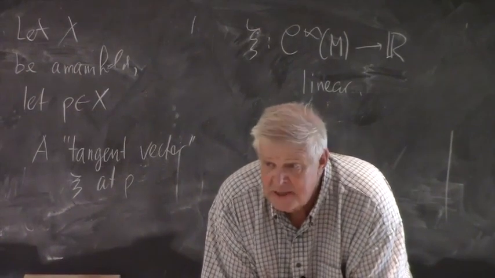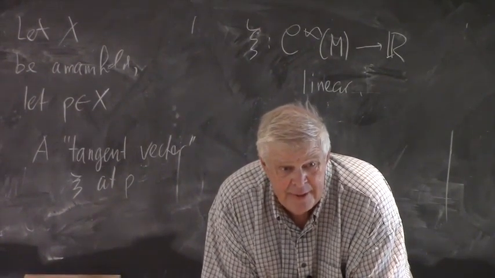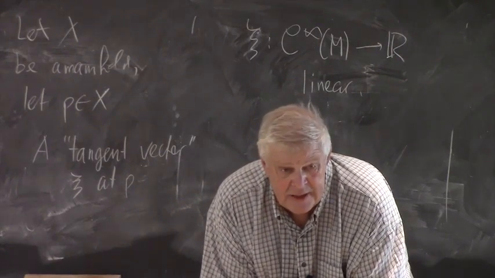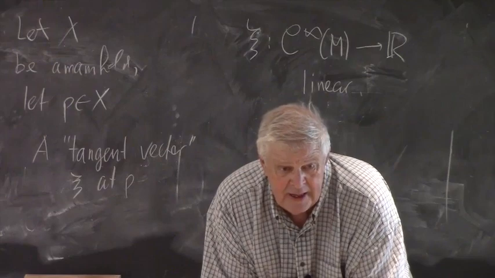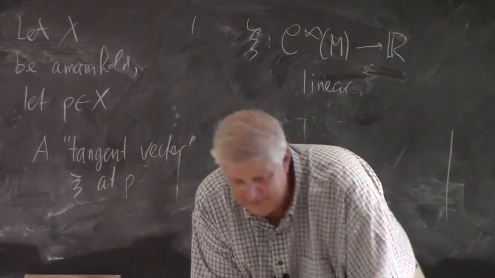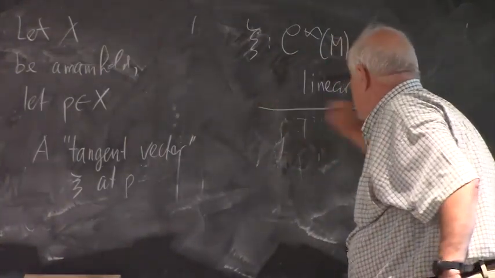It is a vector space, C infinity of M, because there are functions. You can add them, you can multiply them by numbers. It is a vector space. R is also a vector space. I mean, real vector spaces, and there are linear functions, which satisfies the following condition.